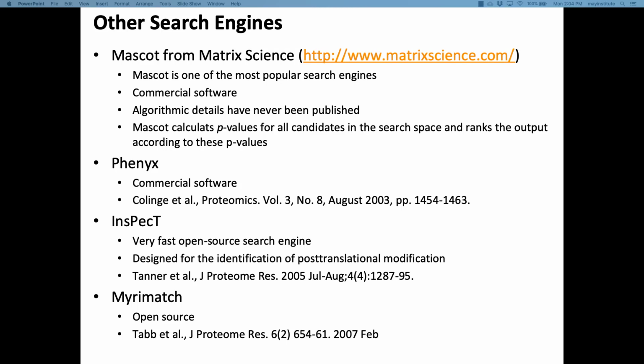But you should be aware of what resolution your spectra have. And the resolution of the tandem spectra is not necessarily the resolution of your MS1 spectra. It depends on how it's generated. But we see that some search engines work better on HCD data than on CID data, that's for sure.